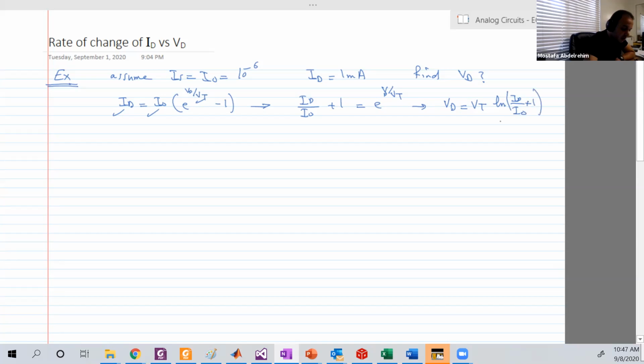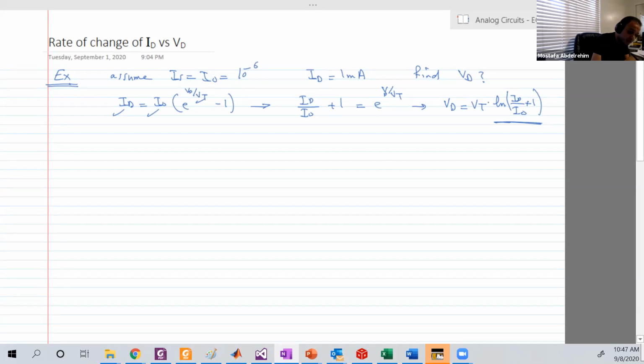And again, this is dimensionless, because what we take the ln of should be dimensionless: ampere over ampere is dimensionless, and 1 is dimensionless. And VT is in volts, so we are good.